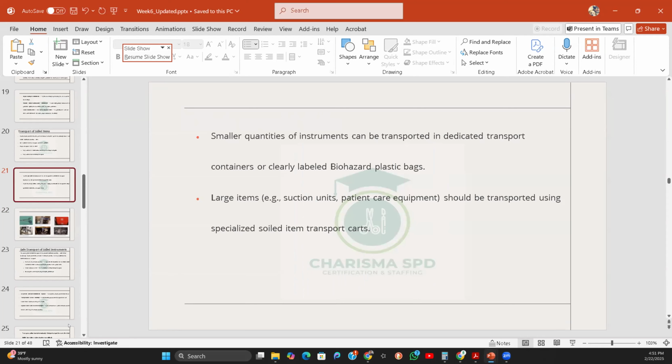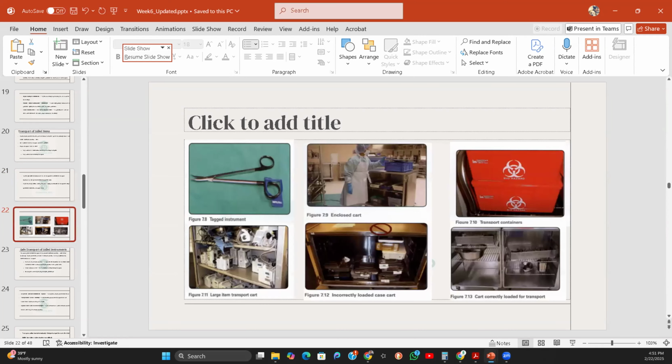Yes. Then the large items and equipment will have to go into specialized transportation carts. The next slide. Yep. See all those transportation carts? You see on your bottom left is the equipment one.